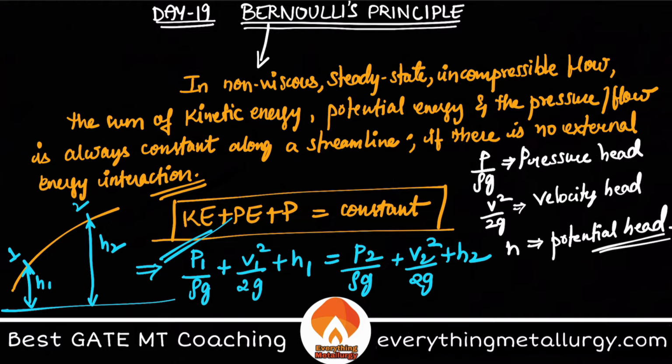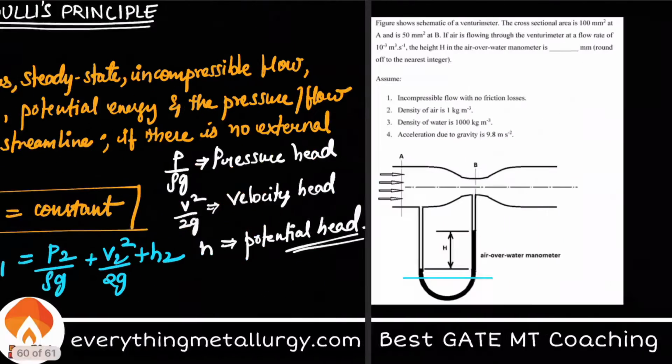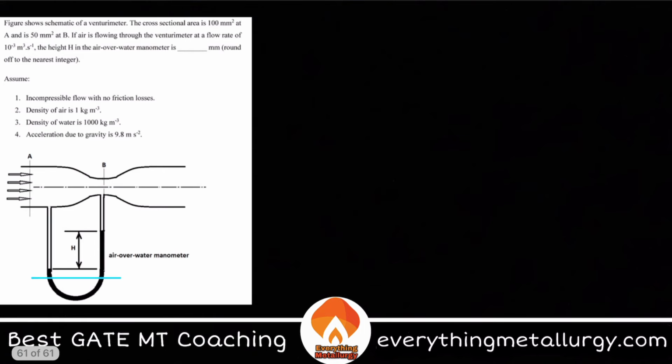Today I am going to explain one important application using a question which was asked in GATE 2020. The question goes like this. Here it's showing a figure of a Venturi meter.